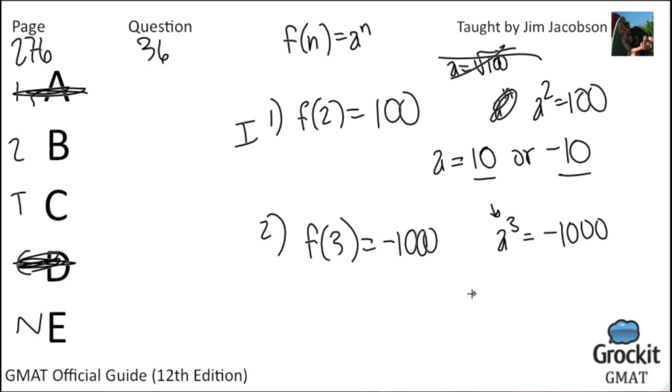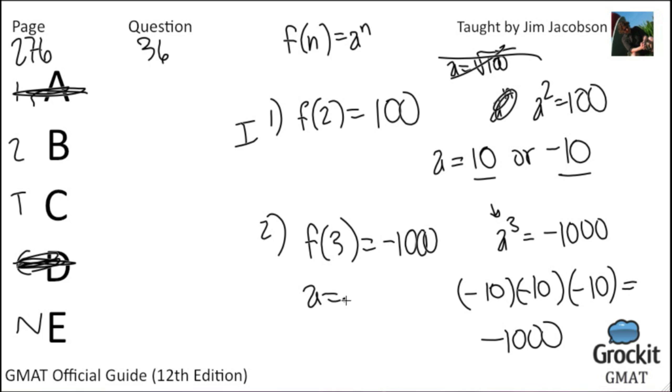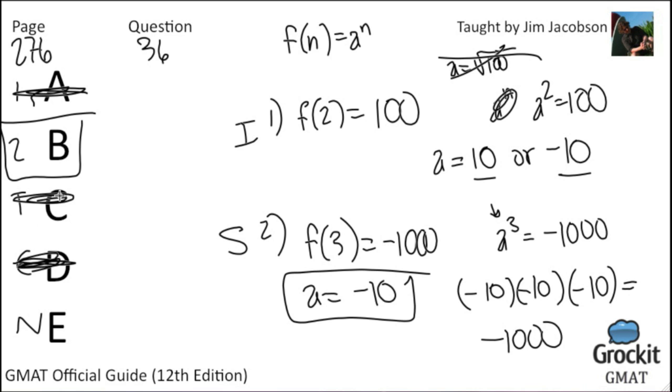In fact, negative 10 times negative 10 is 100, but times a third negative 10, that equals negative 1,000. So a equals negative 10, our only value for a, which makes statement 2 sufficient, giving us choice B over C and E.